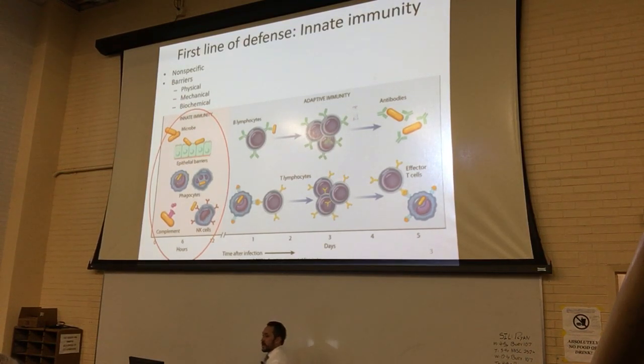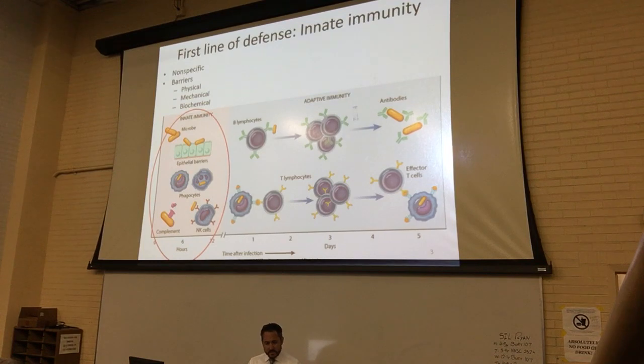We have mechanical responses that take place, meaning you can close your eyelids, for example, and keep that external mucous membrane not exposed. And there's a reflex that happens where you'll blink a lot to try to minimize the amount of time that mechanical barrier is exposed. And then biochemical, like where inflammation would fall.